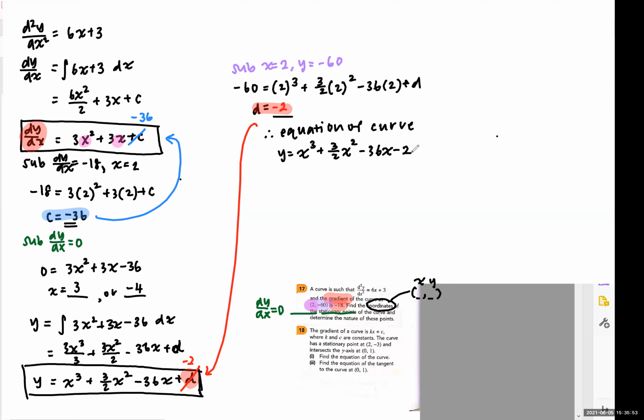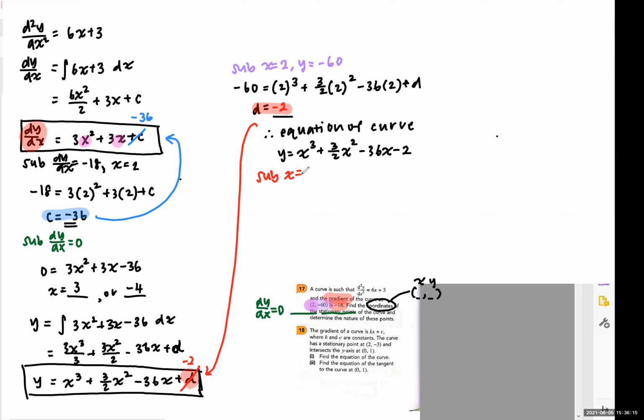What do you do to find your stationary points? Sub your x equals to 2? No. Stationary points, you know?